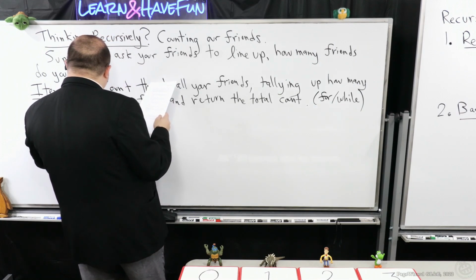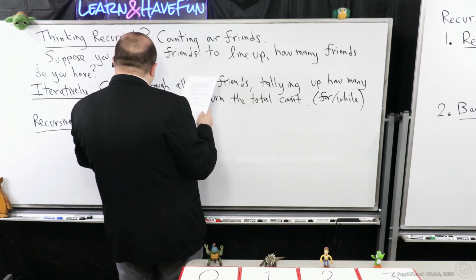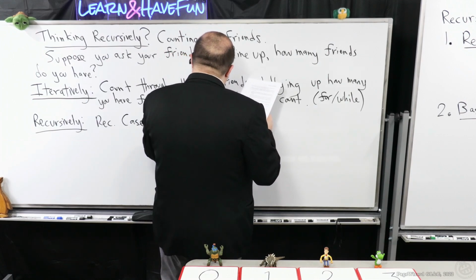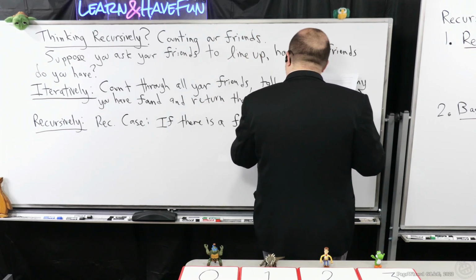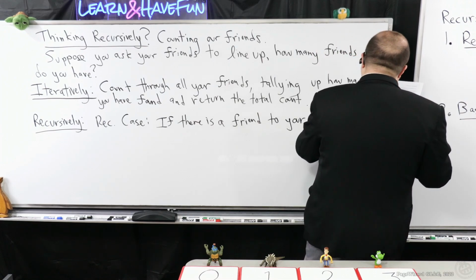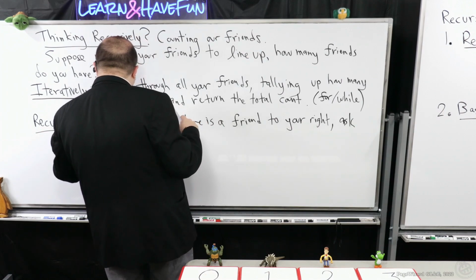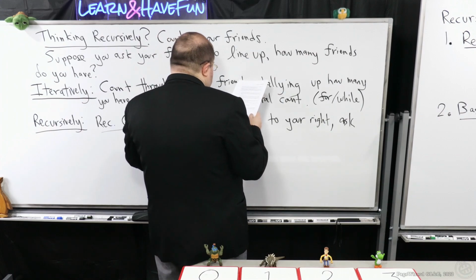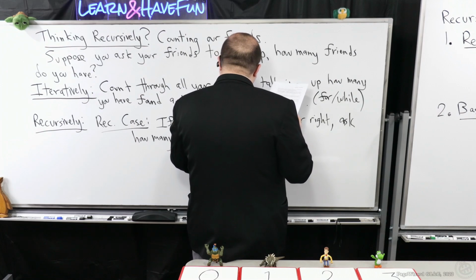So we have a recursive case. I'm going to abbreviate with rec here. A recursive case is if there is a friend to your right, ask how many friends there are.